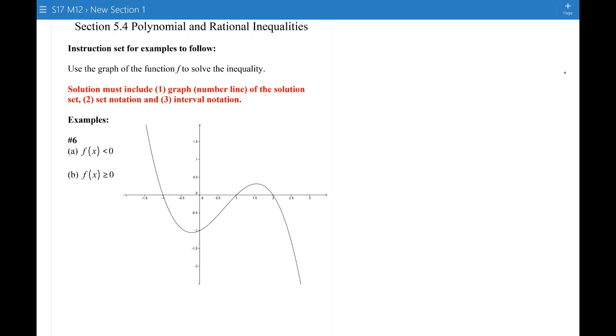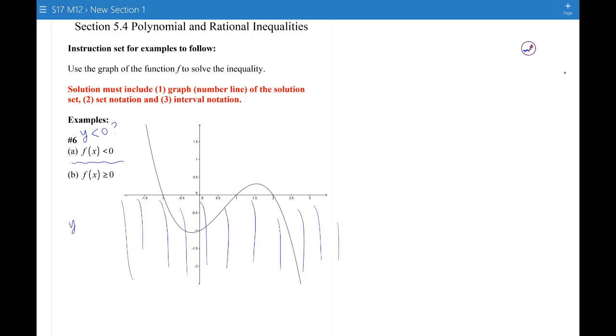So when we're asking where is f of x less than 0, remember that we're asking where is y less than 0. So we're asking about when is the graph falling below the x-axis, because this is the part of the xy plane where the y values are negative or smaller than 0. So we can see that this part of the graph is hanging down below the x-axis, and this part of the graph.